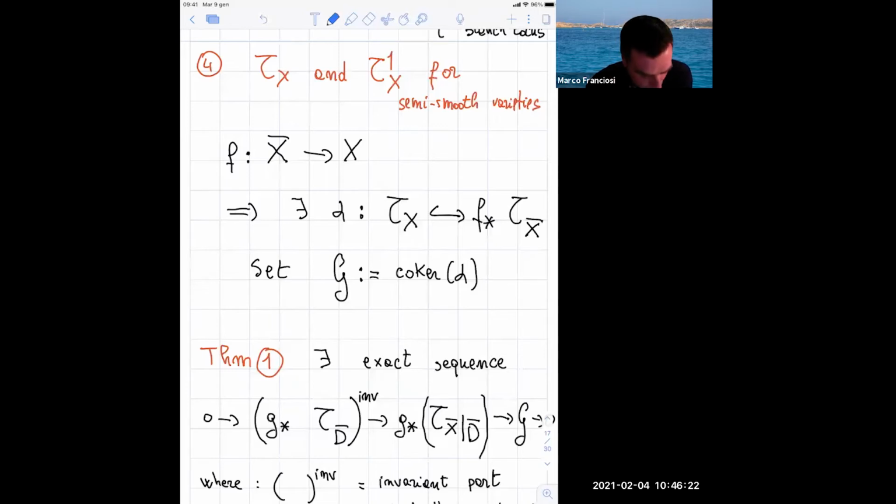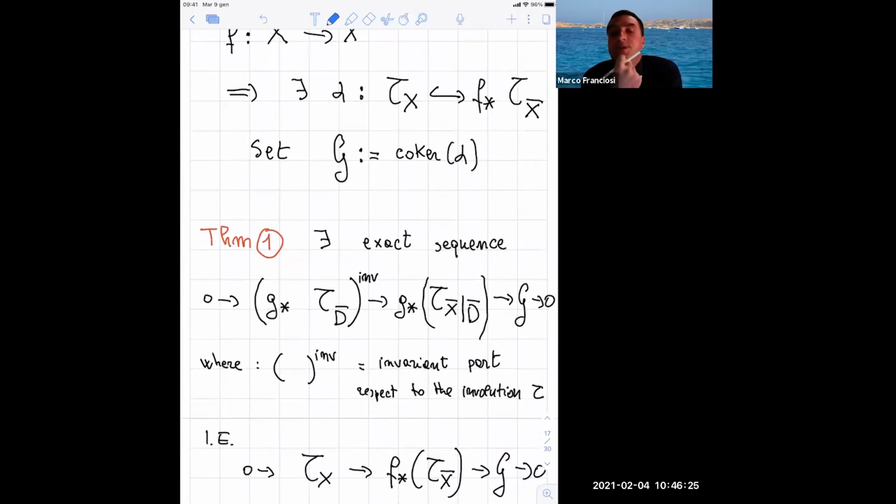The first theorem we have is the following description of G. G can be seen as the cokernel of the following map of sheaves. So we have G lower star of the tangent sheaf of D bar invariant, which means the invariant part of G lower star of T_D bar with respect to the involution given by tau. Then we have G lower star of the tangent sheaf of X bar restricted to D bar, and then we obtain G.